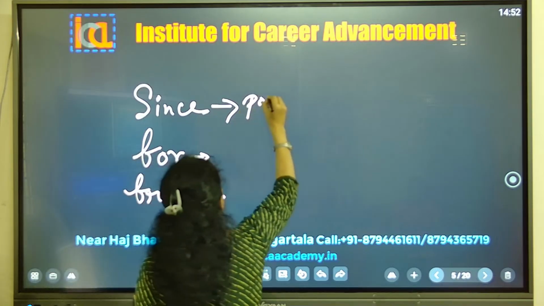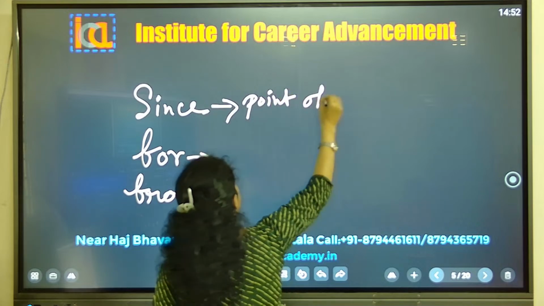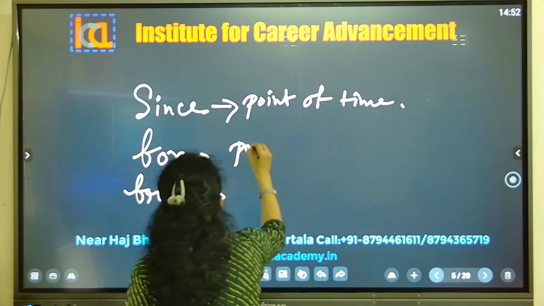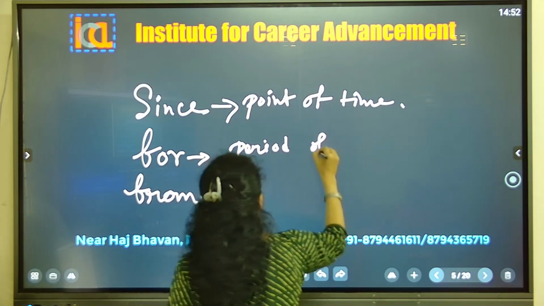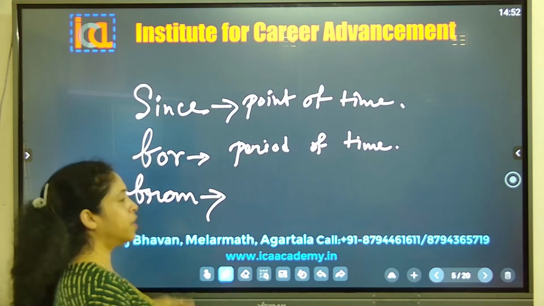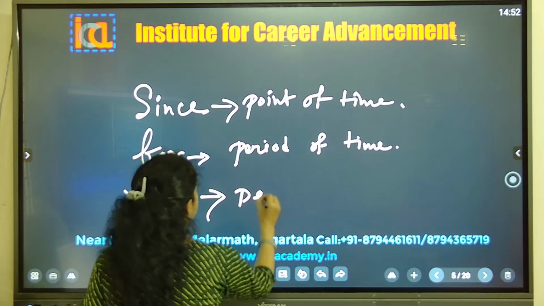Since means point of time. For means period of time. And from, we know, is also period of time.